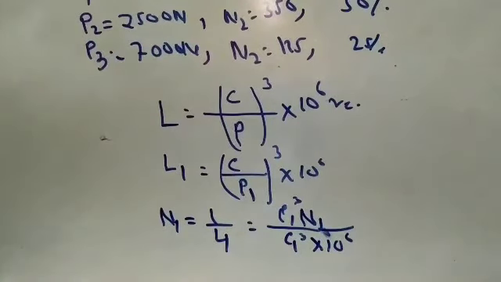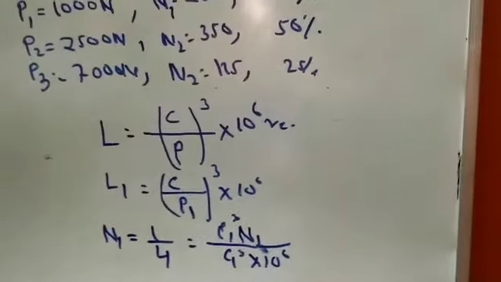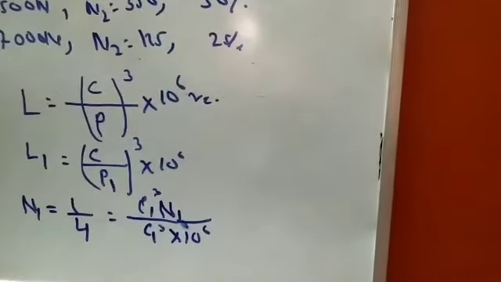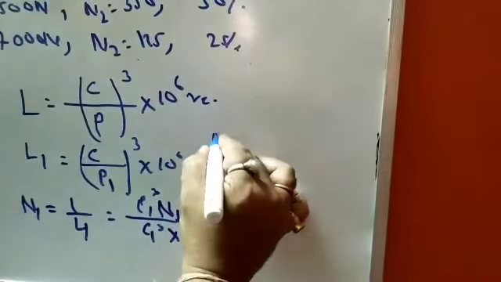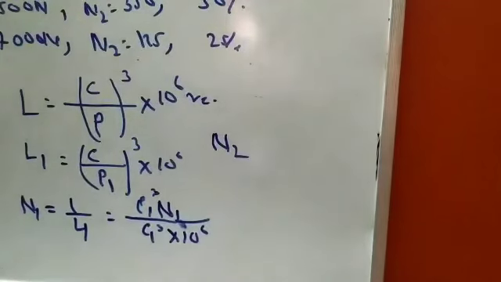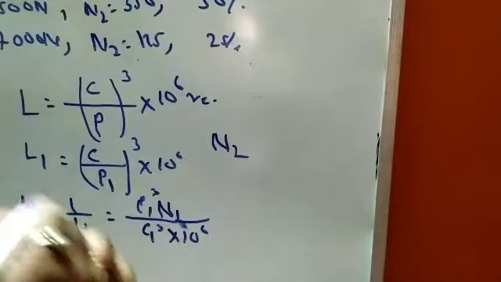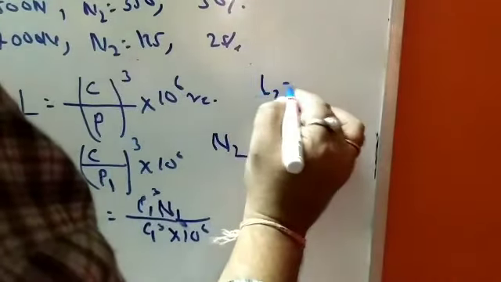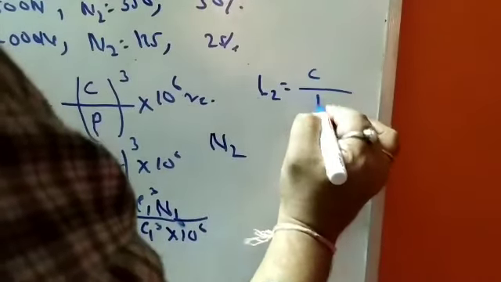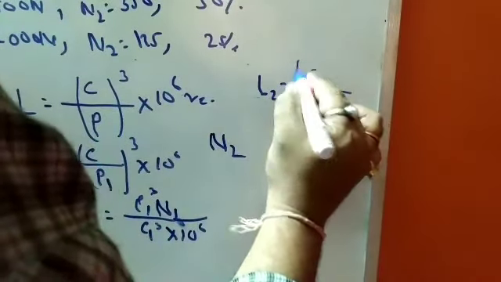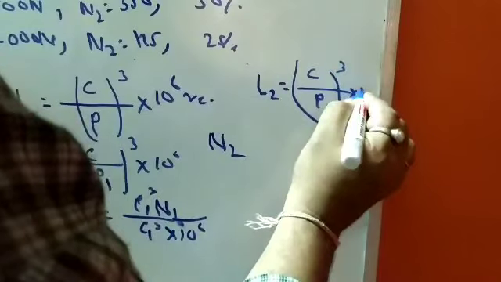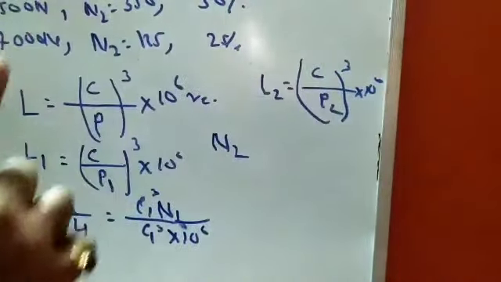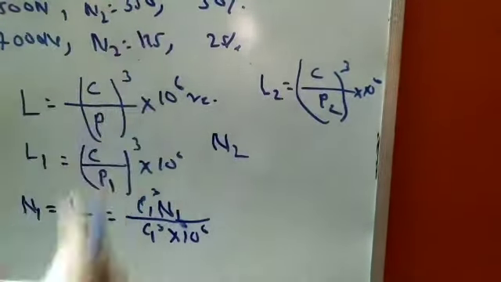Similarly, the life consumed by the load P2 is obtained by assuming that only P2 is acting and no other load is acting. Then the life is given by L2 = (C/P2)^3 × 10^6. So in one revolution, what is the life consumed?